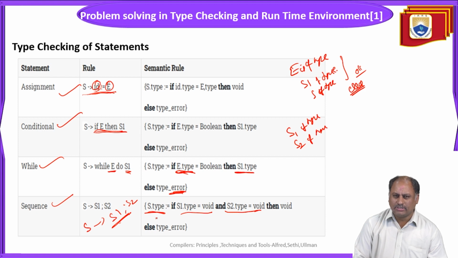Suppose anything other than void is received, it results in error. That's why it is written as else type_error.